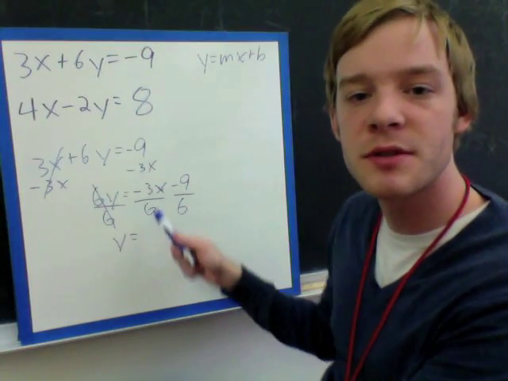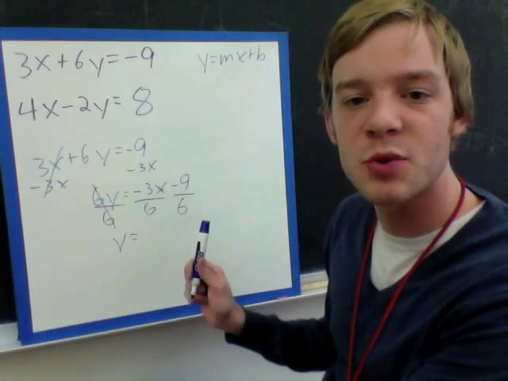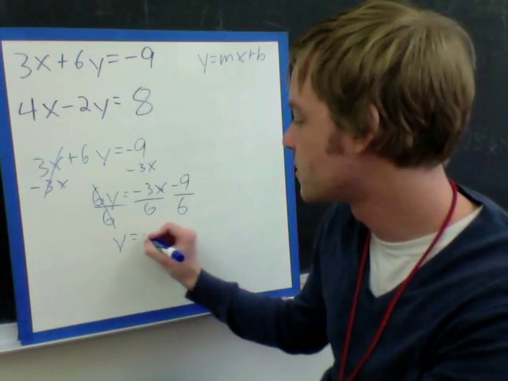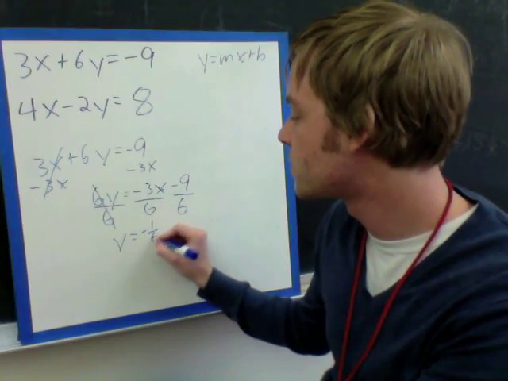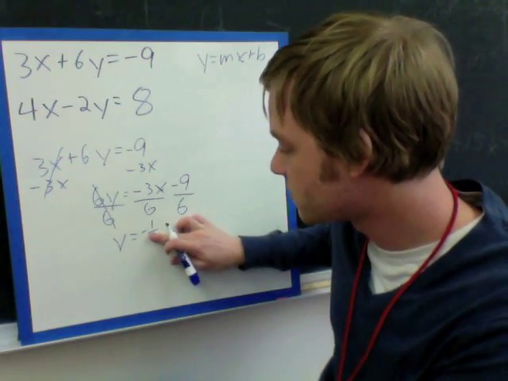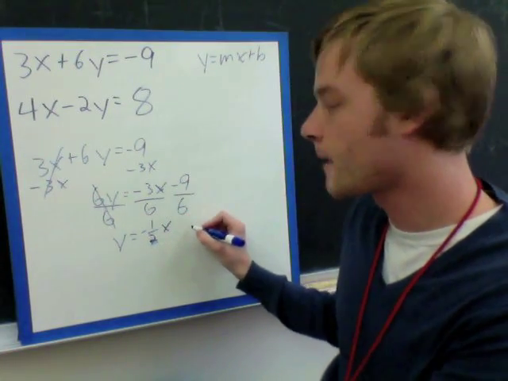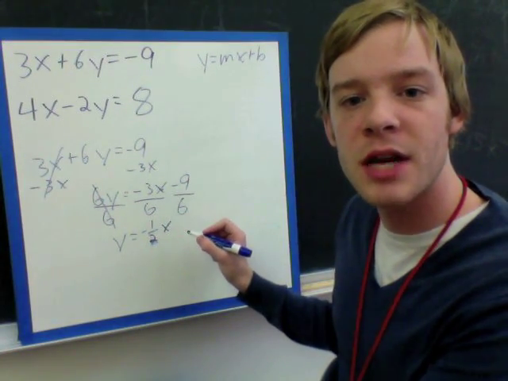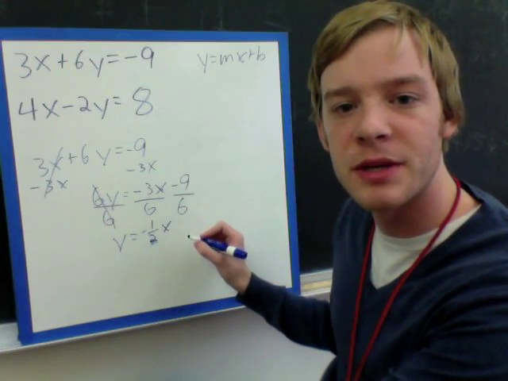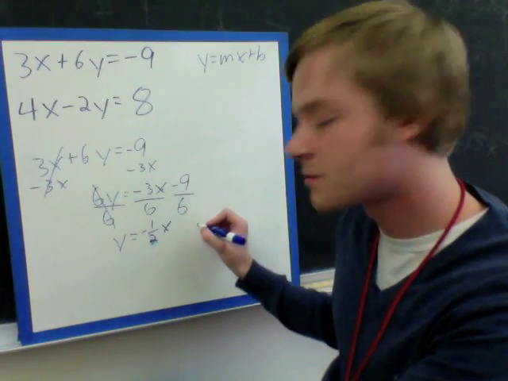When I do this, negative 3 divided by 6 will be negative 1/2, and negative 9 divided by 6 will be negative 3/2.